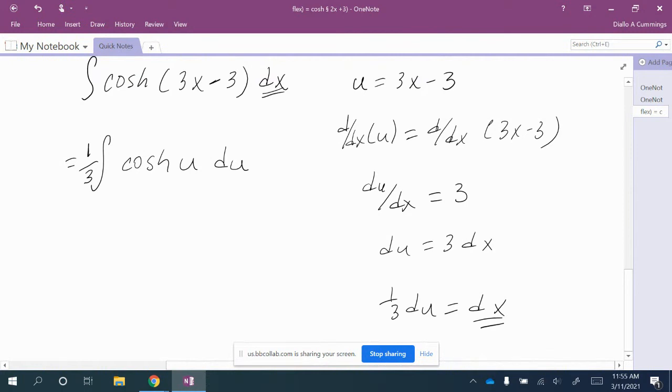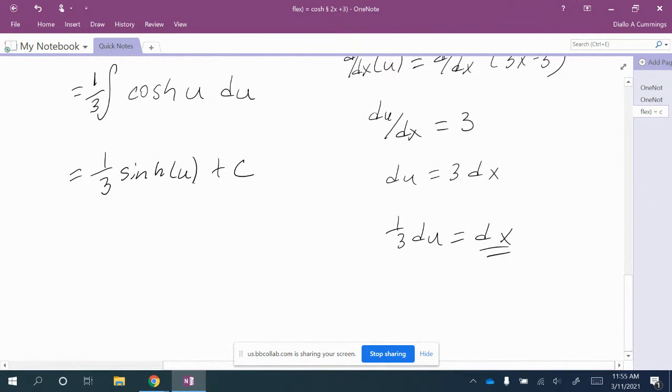Right, so everything is now in terms of u. So now I'll integrate because I have a formula to integrate the hyperbolic cosine. So that's equal to 1/3 times the hyperbolic sine of u. Since I don't have any limits of integration, I'm going to attach my arbitrary constant.